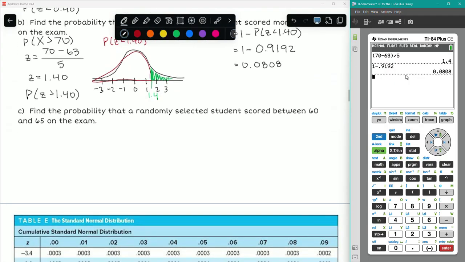Our last question says, find the probability that a randomly selected student scored between 60 and 65 on the exam. So we know our mean and standard deviation, we know our distribution's normal, and I know that my probability statement is between 60 and 65.